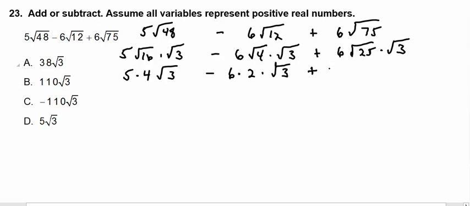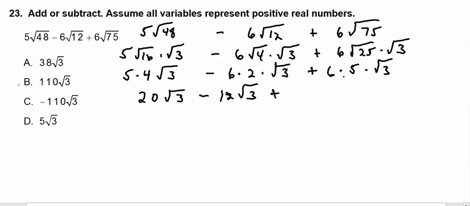And for our last term, 6 times the square root of 25 is 5 times the square root of 3. So 5 times 4 is 20 square roots of 3 minus 6 times 2 is 12 square roots of 3 plus 6 times 5 is 30 square roots of 3.